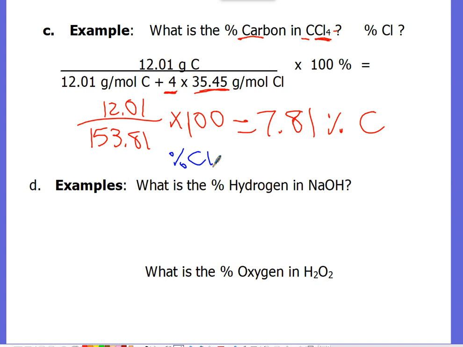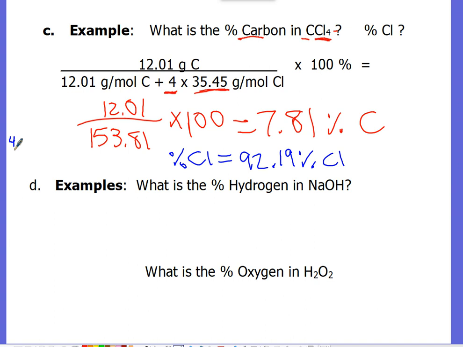So if the carbon is 7%, then the chlorine is the rest, right? About 93%. It would be 92.19% chlorine. But if you don't believe me when I do that subtraction, you could also do it the same way we did this carbon.